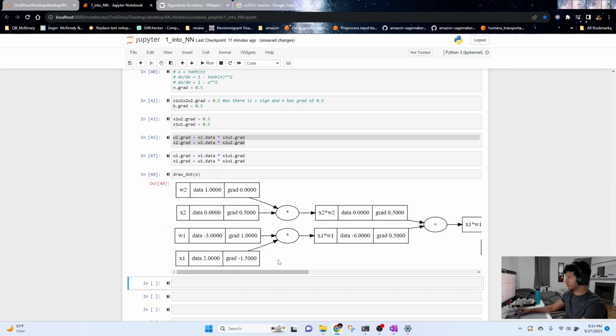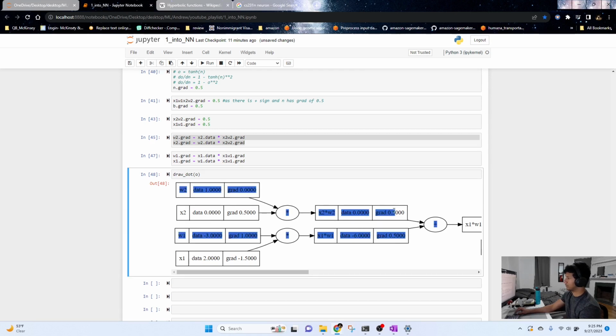Now I could see that -3 into 0.5 yielded a gradient of minus 1.5, 2 into 0.5 yielded 1, and 1 into 0.5 yielded 0.5, but 0 into 0 yielded 0, and 0 into 0.5 yielded 0. So after one iteration, the X2 W2 will also go back to 0.